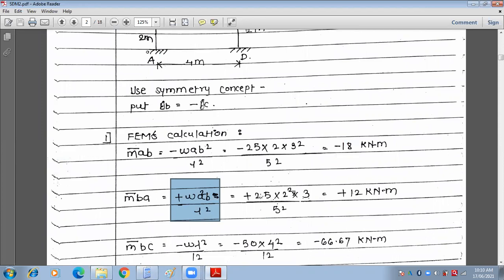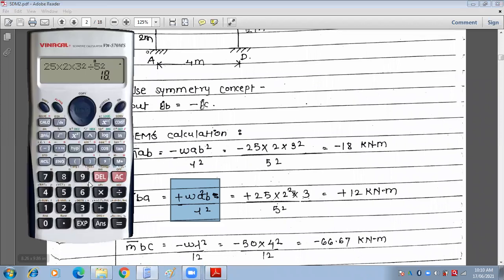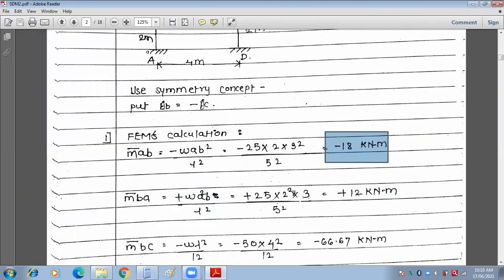Here 25 into 2 square into 3 by 5 square. Simplifying this term, 2 square into 3 divided by 5 square gives 12. Here one value is minus and the other is plus, clockwise and anti-clockwise.